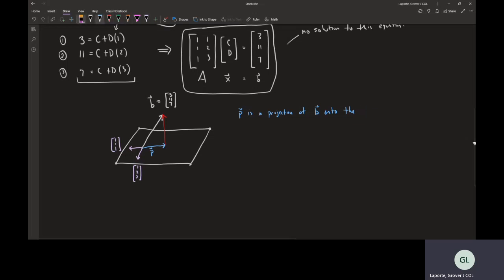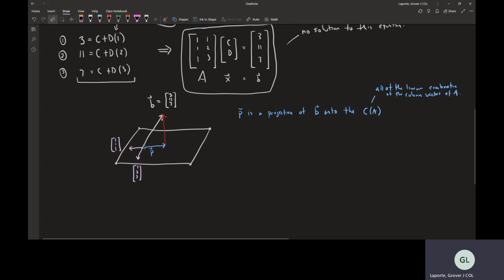Now, you don't really need to understand all of the ideas of the column space. Just know that the column space is all of the linear combinations, and I know we talked about it in our review, all of the linear combinations of the column vectors of A. So again, the two column vectors in A were 1, 1, 1 and 1, 2, 3, and that's why I drew them down here in purple.